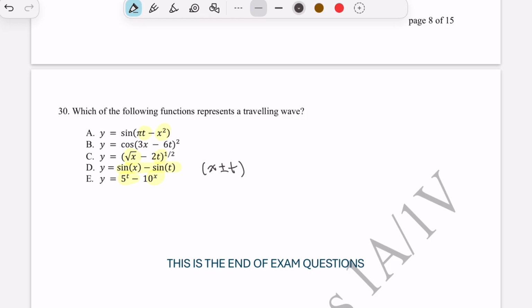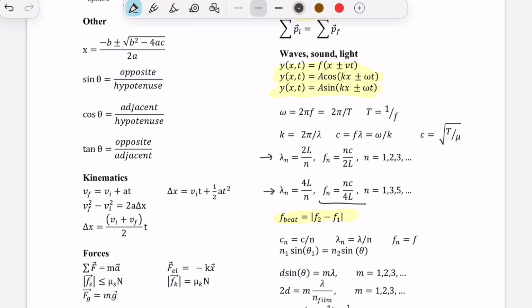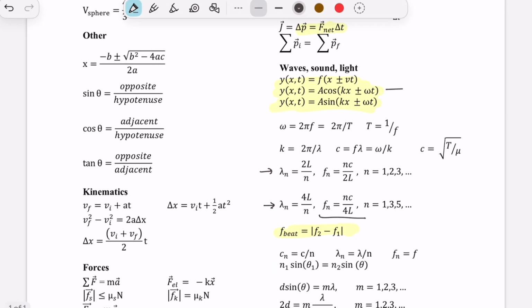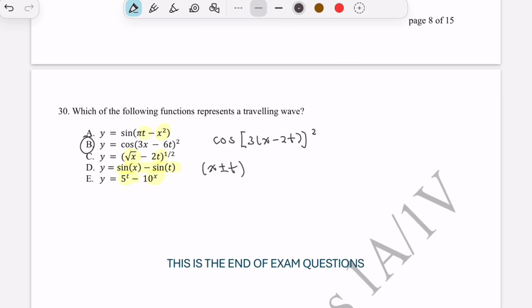So the correct answer is B, because I can factor out the 3 and do cos of 3x minus 2t squared, which matches the format over here. So the answer is B.